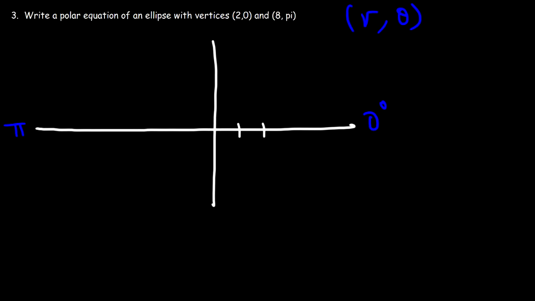So we have the point 2, 0, so when theta is 0, r is 2, and 8, pi. So r is 8 when theta is pi. So we have an ellipse that looks something like this.